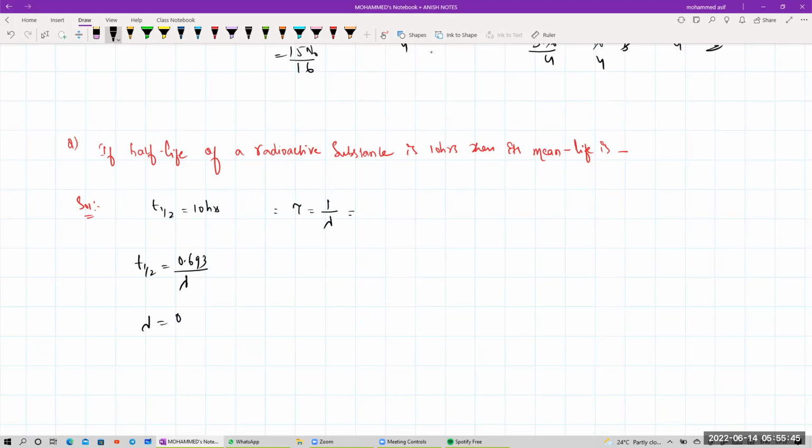So lambda will become 0.693 divided by T half, and so tau becomes T half divided by 0.693. The approximate value of 1 by 0.693 is 1.44, so tau equals 1.44 into T half. Remember this.